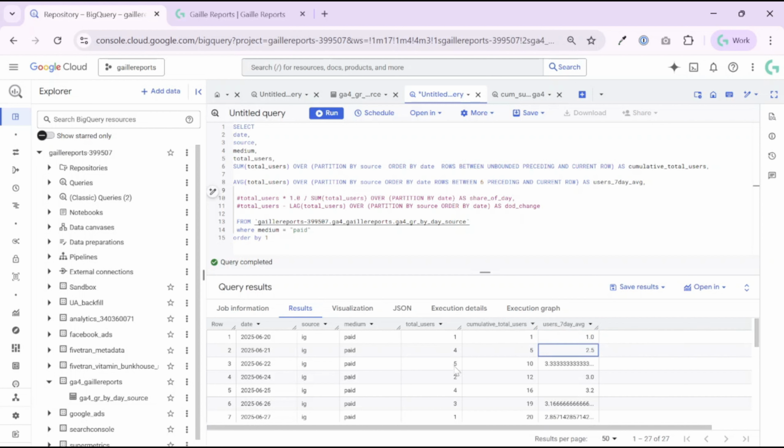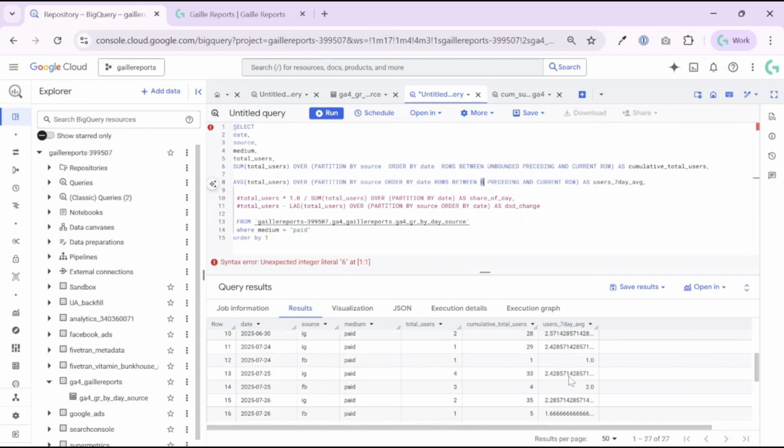Then the next day we had 5 more users. In total we had 10, but we divide 10 by 3 and we get 3.3. This is the average number of users per day over the last 3 days. It will be 7 days after 7 days have passed. So we can see the average number over the last 7 days.